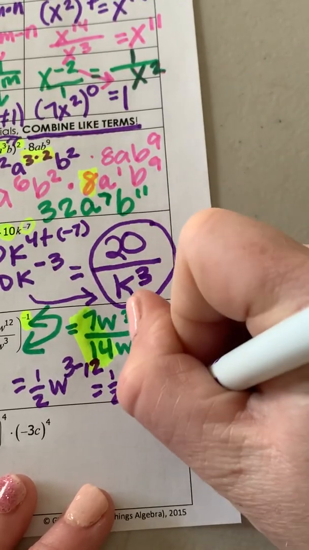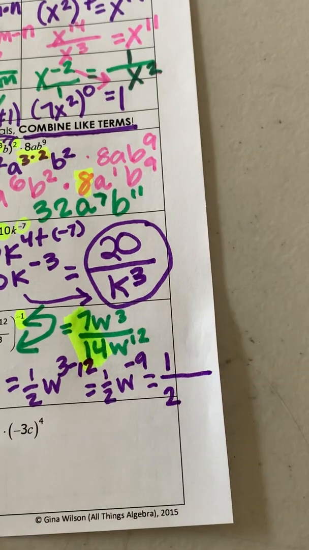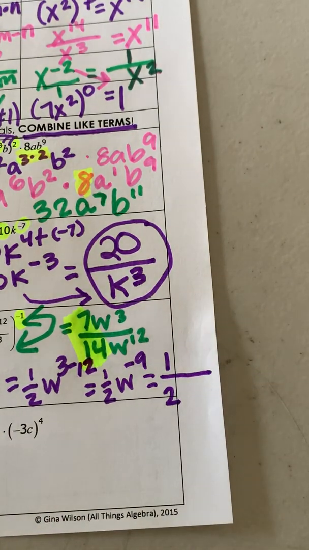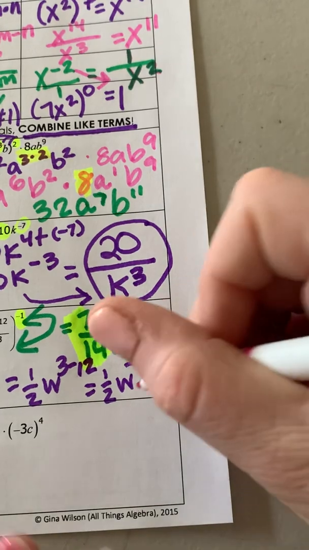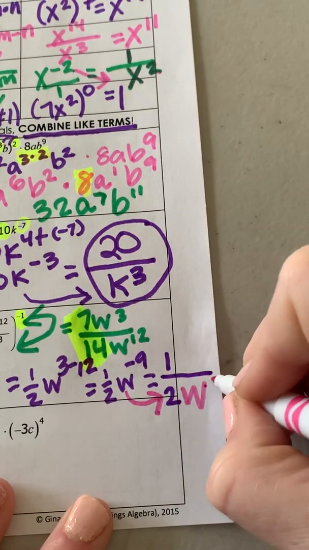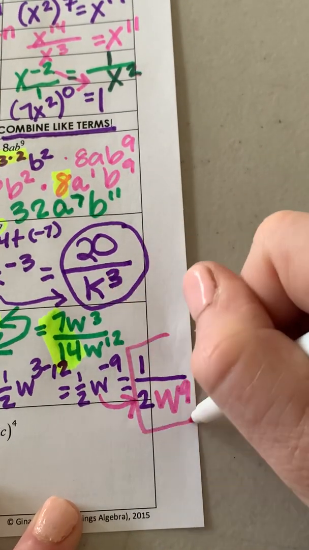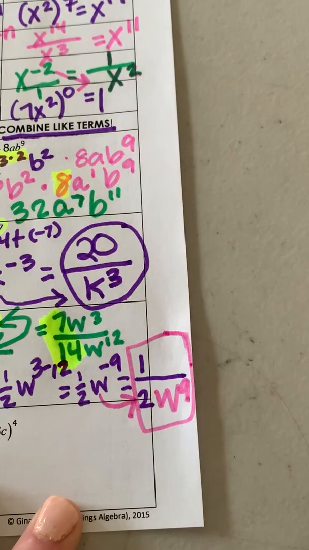Well, I already have the 1/2. This time we already have a fraction created, so it makes it a little bit easier. I don't have to make a fraction. But the w needs to go down to the bottom and become positive. Okay, so this is 1 over 2w to the 9th.